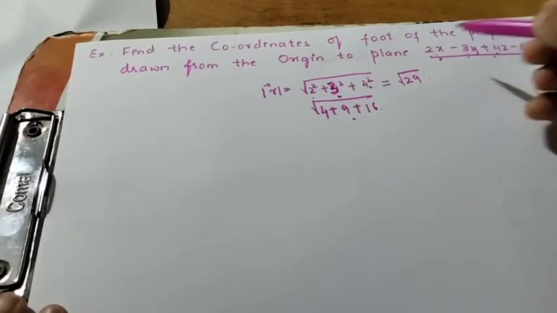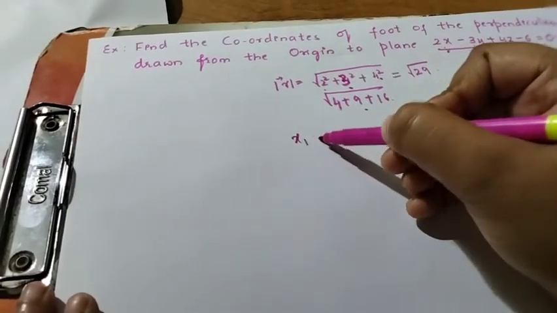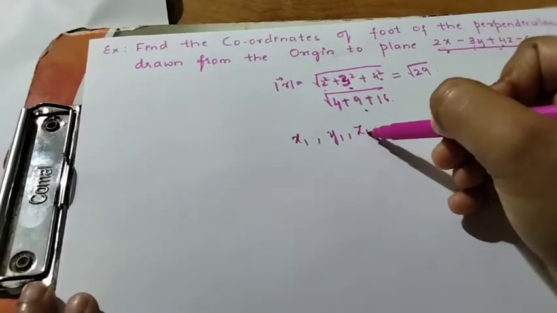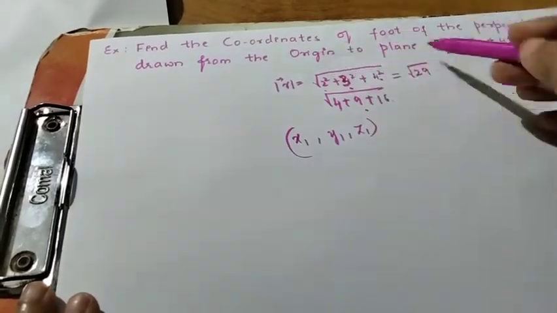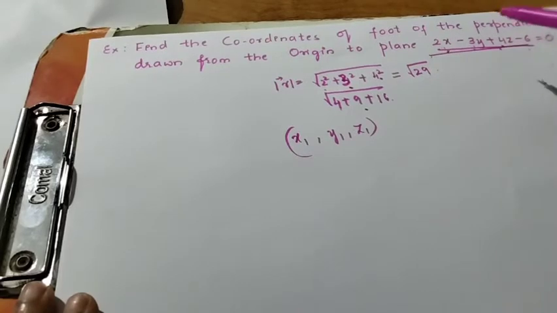The point x1, y1, z1 is passing through this plane.